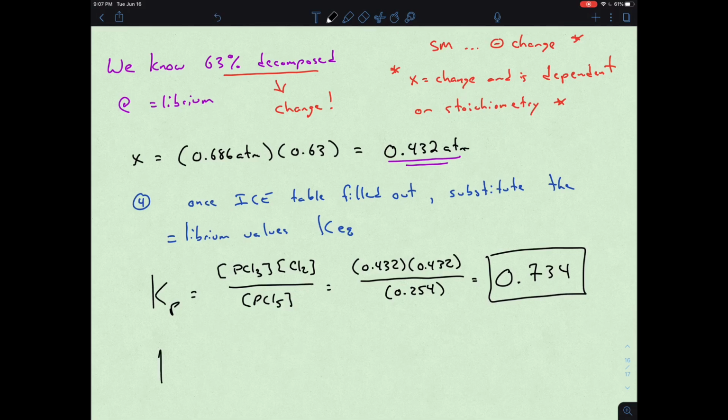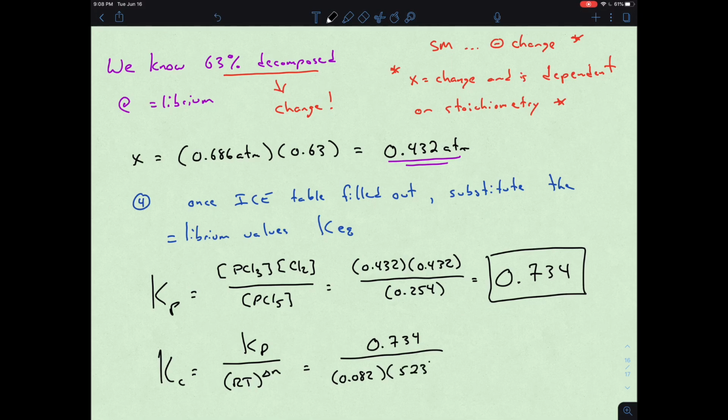We can then calculate K sub C by using the other form of our equation conversion. And so here we would have our K in the numerator. Our temperature was 250 or 523 Kelvin.